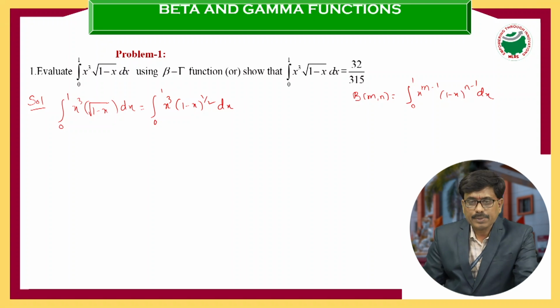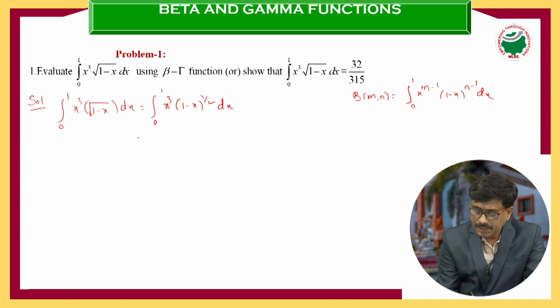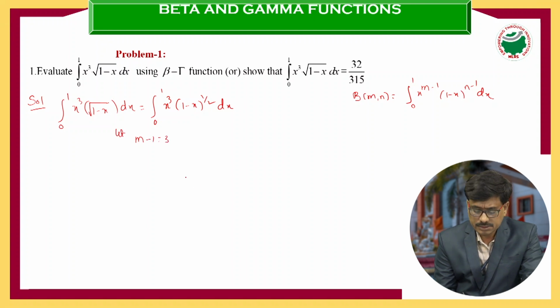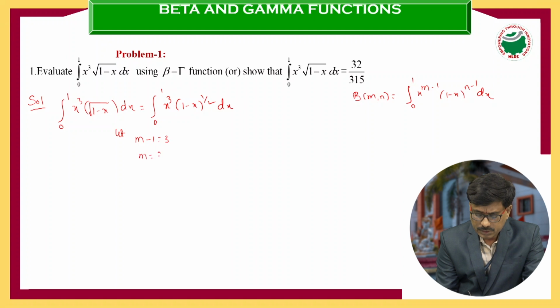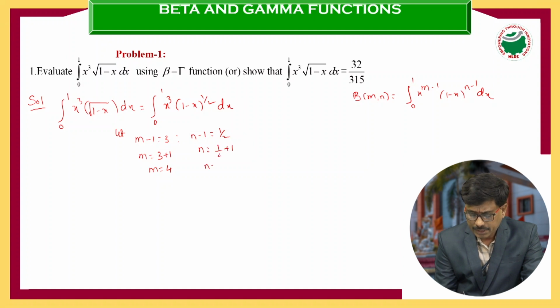We need to compare the m values as well as the n values. Let me compare m minus 1. Let m minus 1 be equal to 3. Therefore, m equals 3 plus 1, m equals 4. Similarly, n minus 1 equals 1 by 2, n equals 1 by 2 plus 1, n equals 3 by 2.